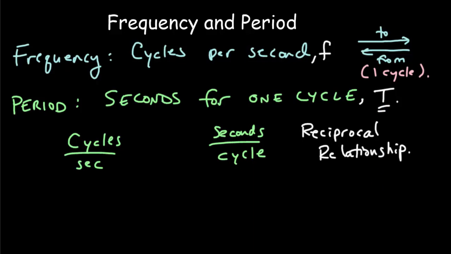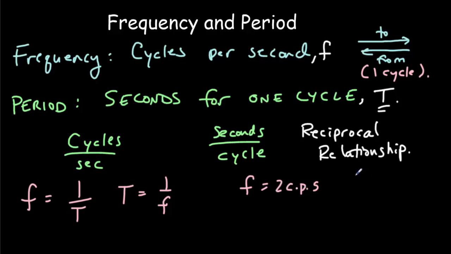So we have a reciprocal relationship between period and frequency. That is to say that the frequency is equal to 1 over the period, and if you rearrange that, the period is equal to 1 over the frequency. So for instance, let's say your frequency is 2 cycles per second.